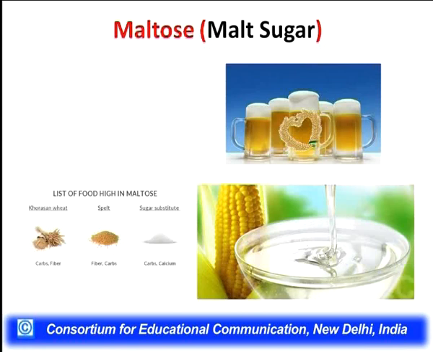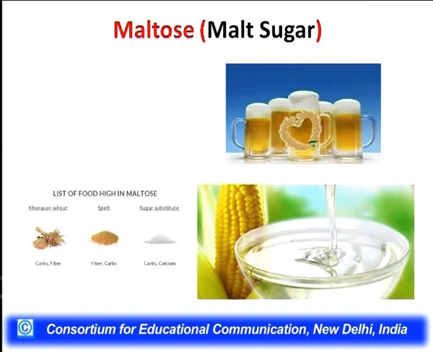When we talk of maltose, what do we mean by maltose? Where do we get maltose from? Maltose is also known as malt sugar, and beer is rich in maltose. The sugar present in beer is maltose, and maltose is also present in grains.